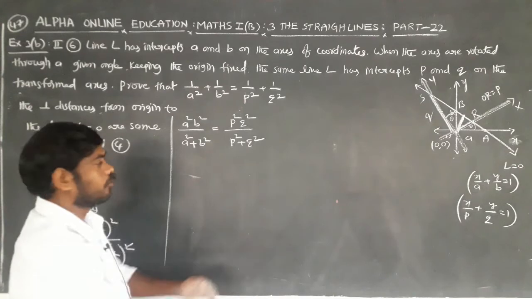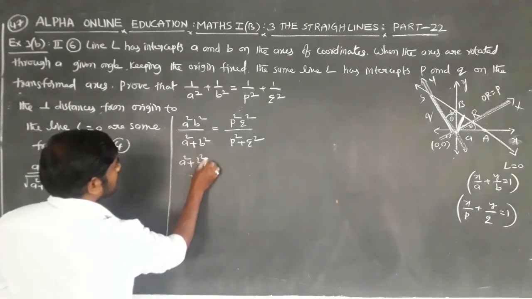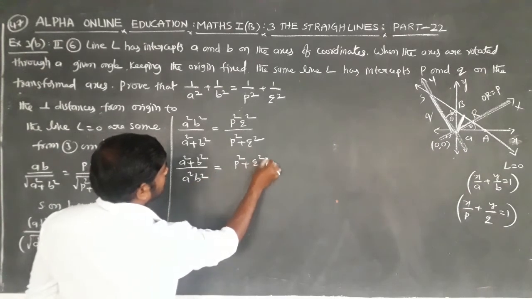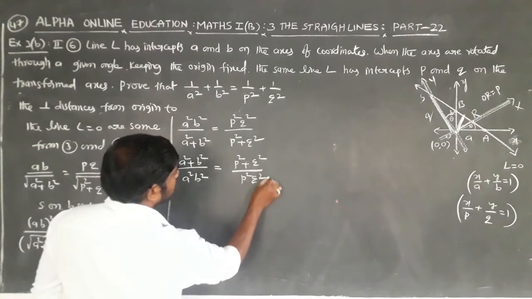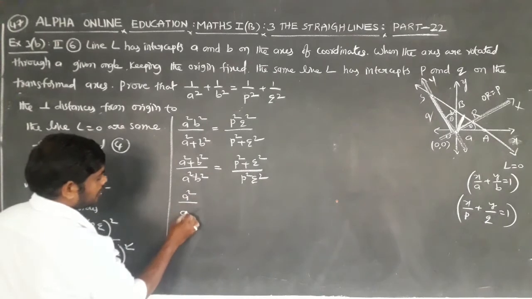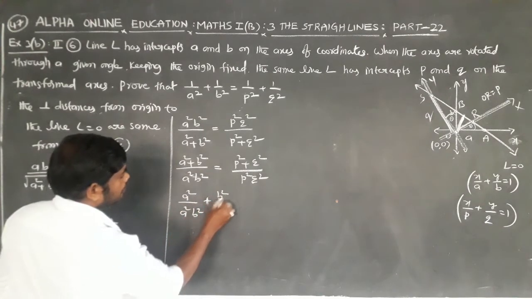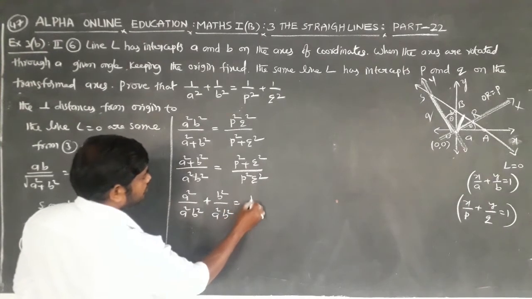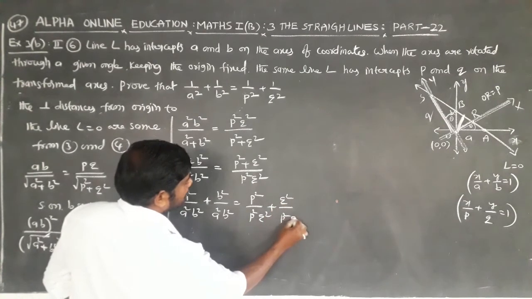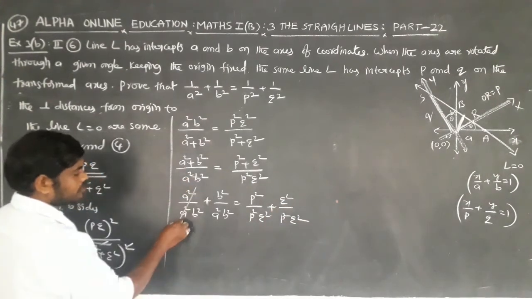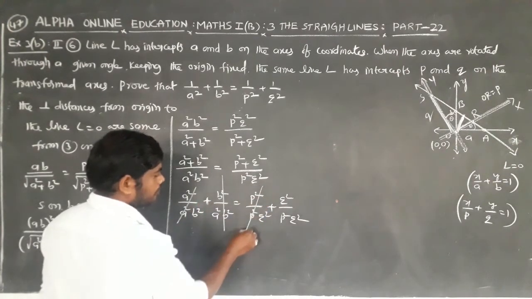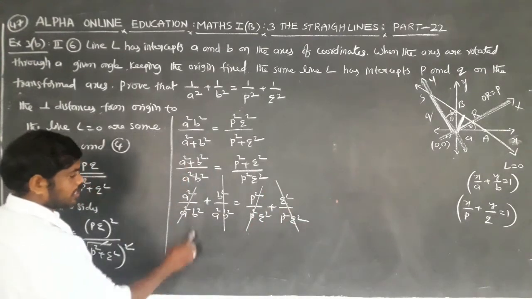Write the reciprocal. Reciprocal means A square plus B square by A square B square is equal to P square plus Q square by P square Q square. Dividing each term: A square by A square B square, B square by A square B square, P square by P square Q square, Q square by P square Q square. A square cancels, B square cancels, P square cancels, Q square cancels.